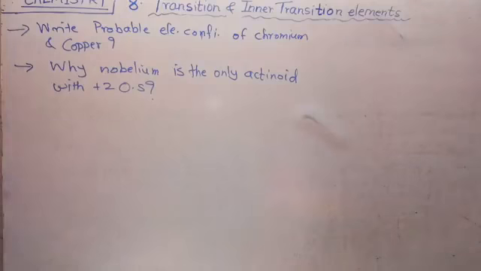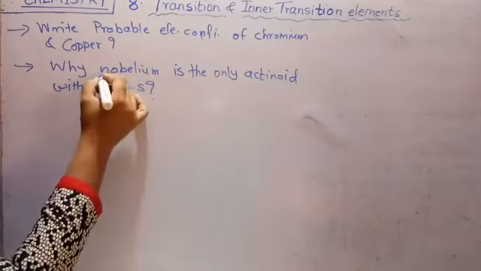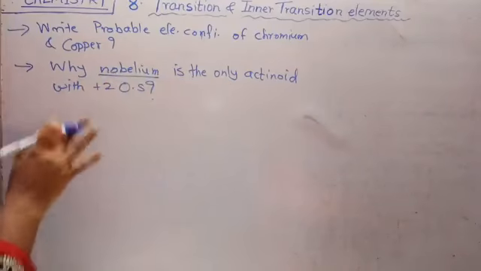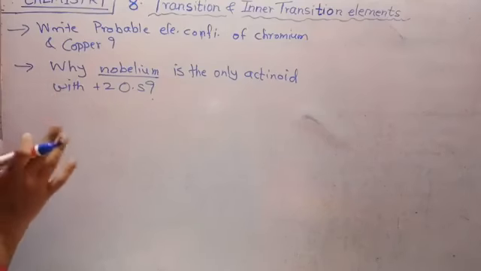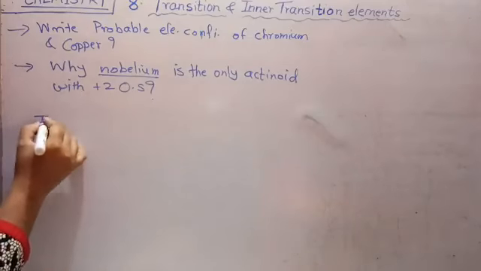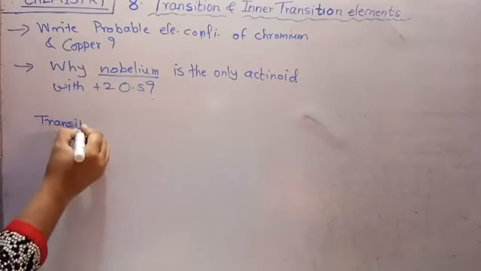Here it says nobelium from the actinoids. You should know the atomic number of nobelium also. That means what you remember from transition and inner transition elements is the atomic numbers.